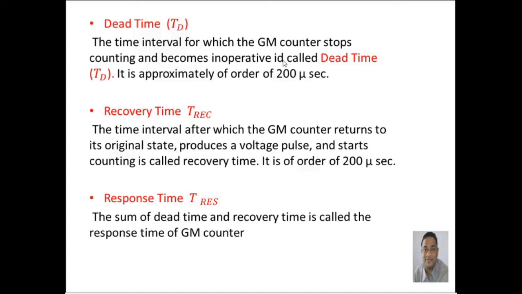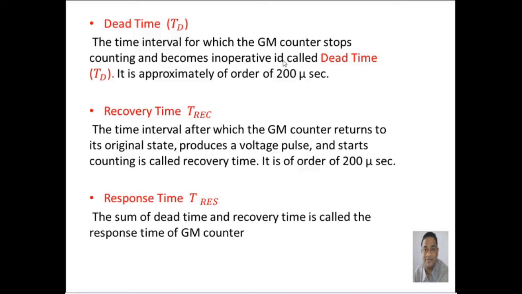And when ionization takes place, an electron and a positive ion are produced. The electrons are quickly accelerated toward the positive anode, while the positive ions are heavy, they are bulky. These positive ions move slowly. So, after some time, a large number of positive ions get accumulated in the region around the anode. So, what happens due to this accumulation of positive ions around the anode?